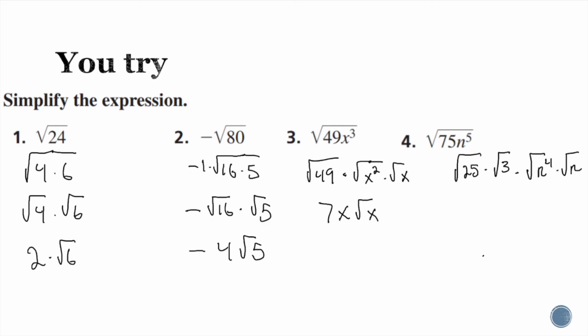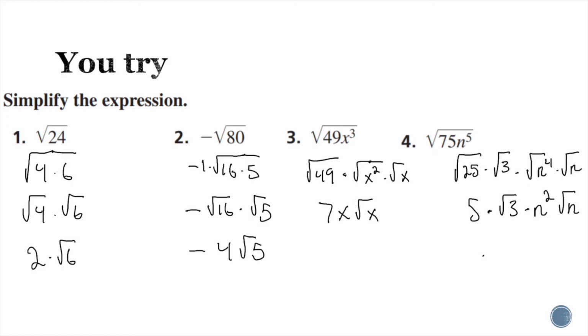So what your first step should have been is to notice that 25 times 3 is 75. 25 is a perfect square, so I can break up the square root of 25 times the square root of 3. And n to the 5th can be broken up as you see there. So the next step is to take the square root of 25 and the square root of n to the 4th, which is 5 times the square root of 3 times n squared times the square root of n.